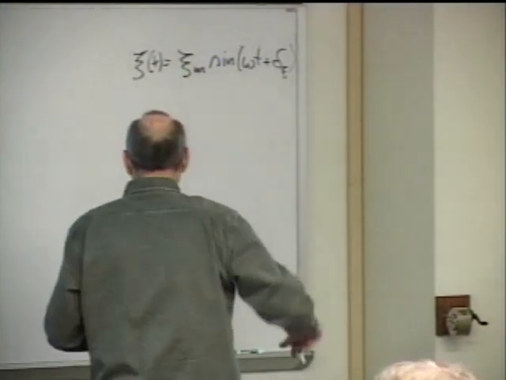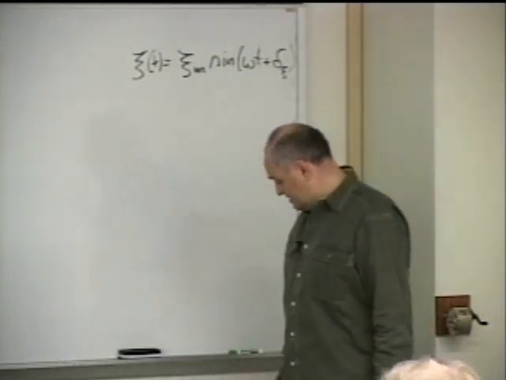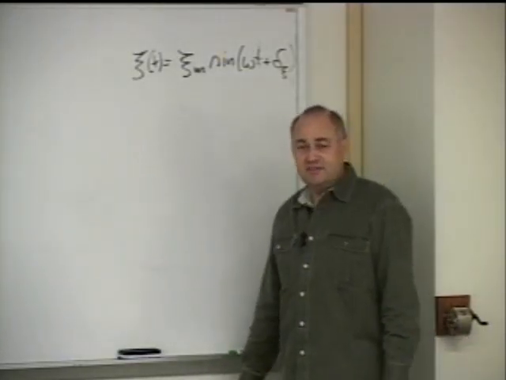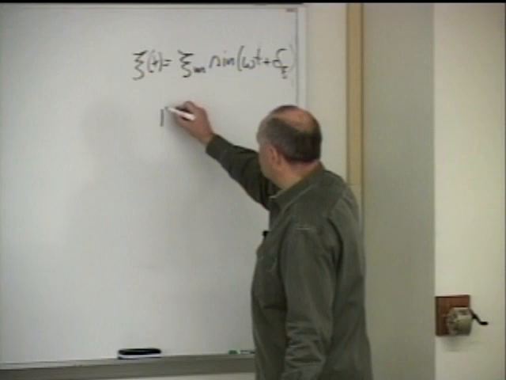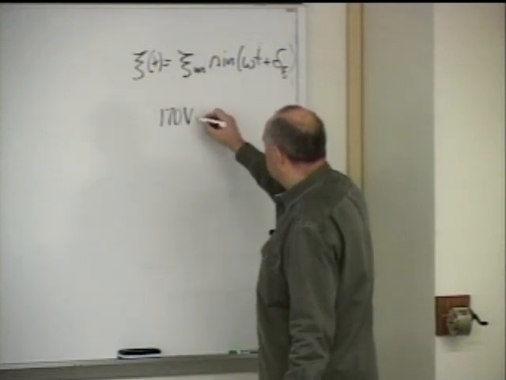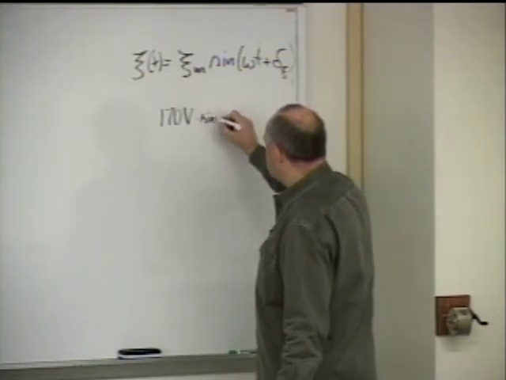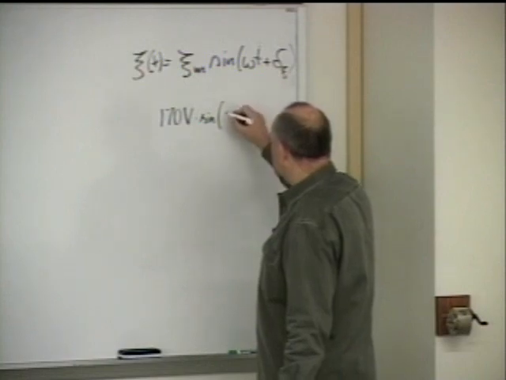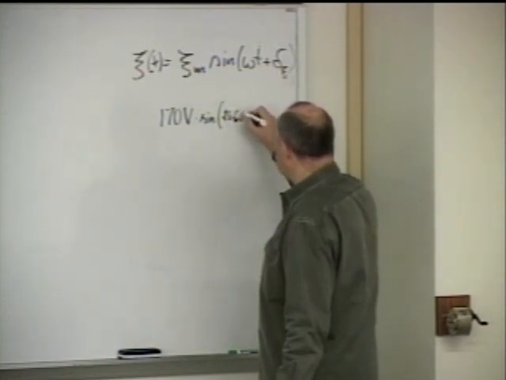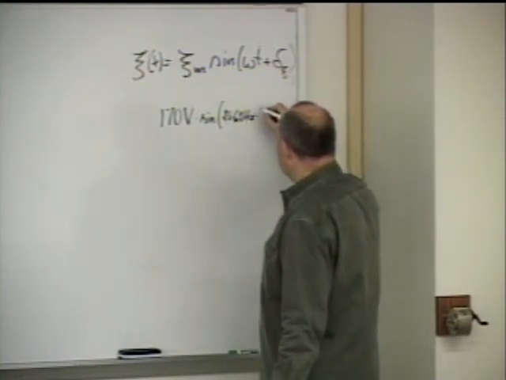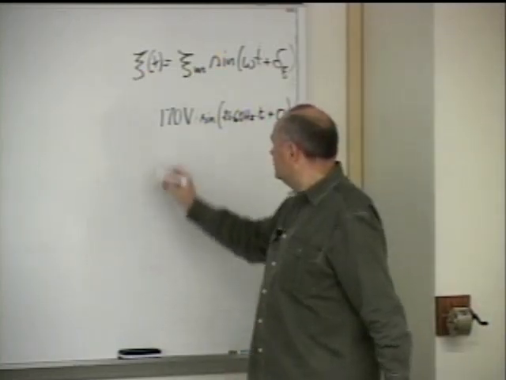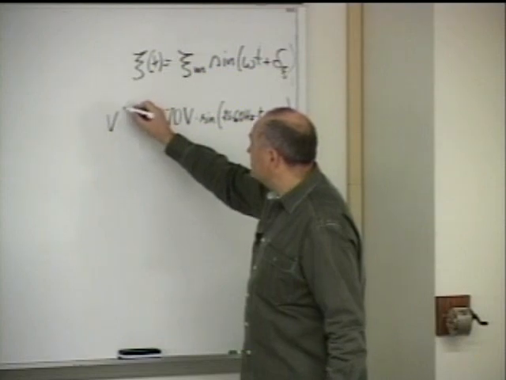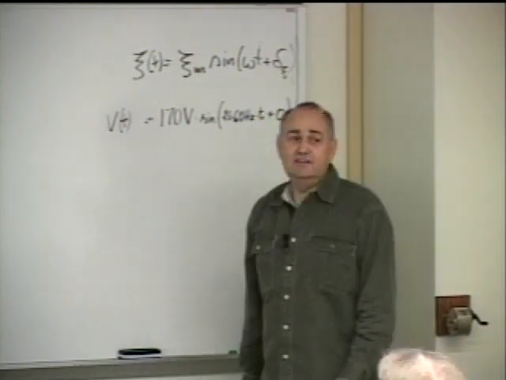Let's say that for this alternating current coming out from the sockets, I would write this is 170 volts times sine of angular frequency, 2 pi times 60 hertz, times t, and I will put 0. I can choose the instant 0 in such a way that it would agree.